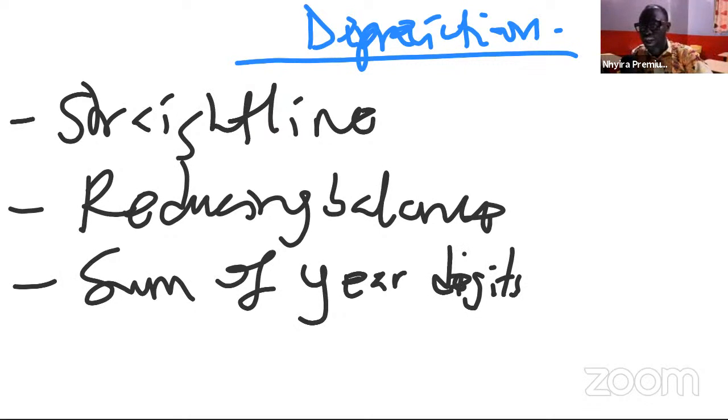So these are the 3 methods that I'm going to be talking about for the purpose of my presentation. So straight line method, reducing balance method, and sum of year digits.